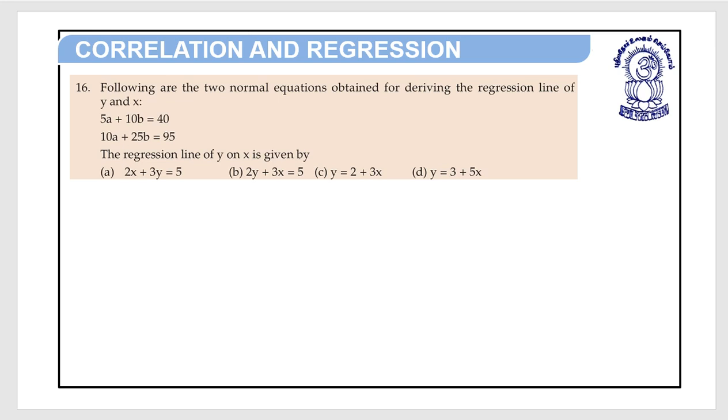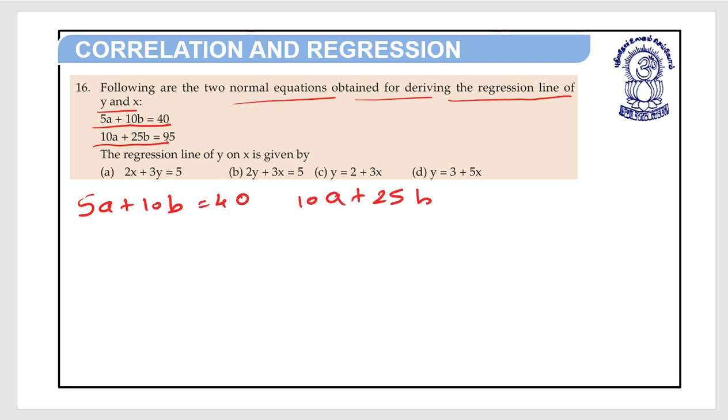Following are the two normal equations obtained for deriving the regression line of y and x. 5a plus 10b is equal to 40, 10a plus 25b is equal to 95.